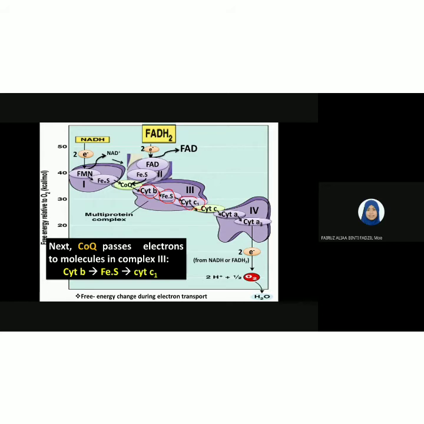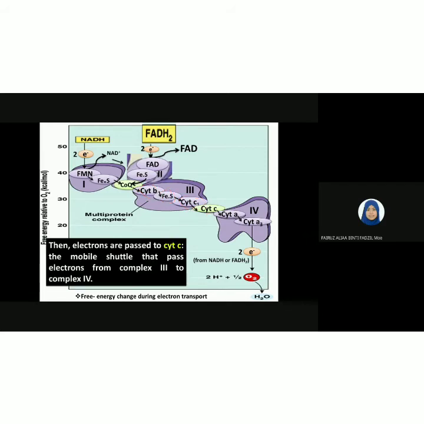Cytochrome C1 accepts the electrons, becomes reduced, and then passes them to the next neighbor, which is cytochrome C. So this is what happens in complex 3, which comprises cytochrome B, iron sulfur center, and cytochrome C1.